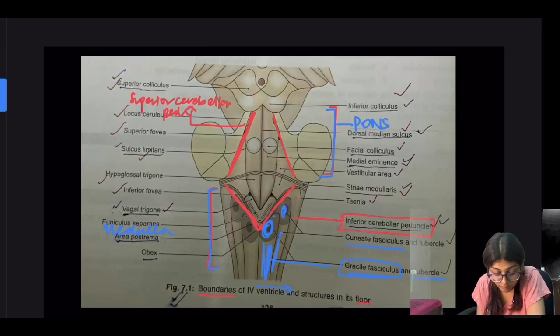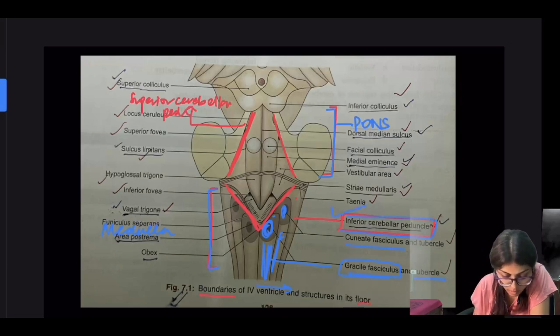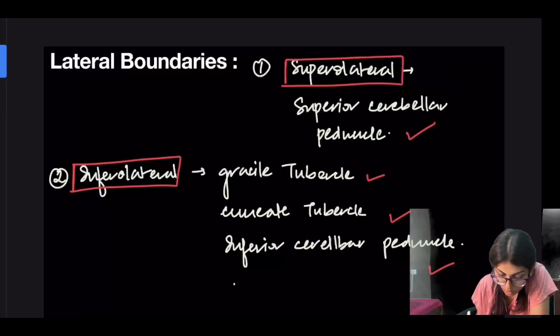So the lower portion of the medulla is divided into three parts, from medial to lateral. The medial-most part is the gracile fasciculus and tubercle: the upper part is the tubercle, the lower part is the fasciculus. In the same way, the cuneate fasciculus, cuneate tubercle, and the inferior cerebellar peduncle. These all form the lateral boundaries of the fourth ventricle.